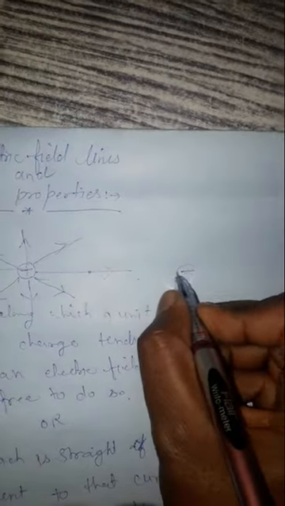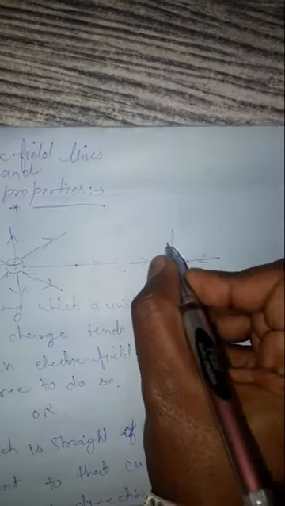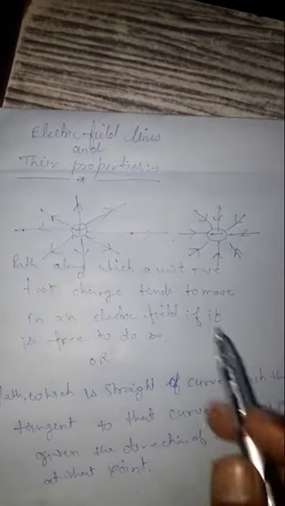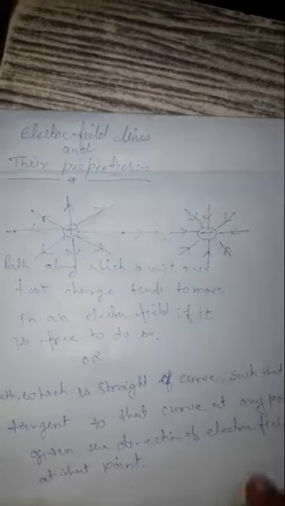Similarly, if we have a negative charge like that, then the electric field is in the inward direction like this. These are the electric field lines due to positive and negative charges which are placed separately, as isolated charges.